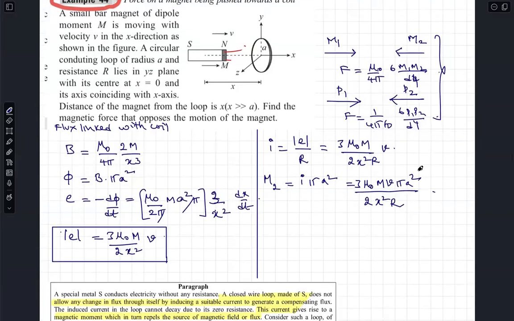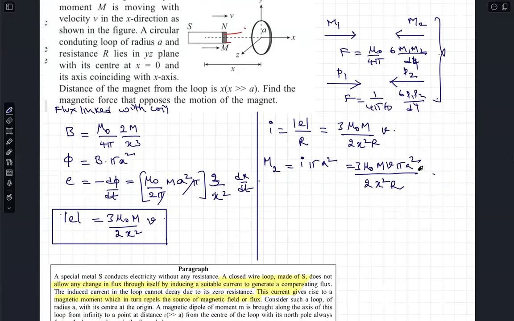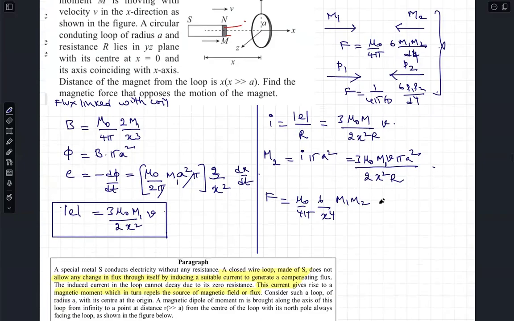So after all this, you derived m2. Finally, what is the force? Mu naught by 4 pi 6 by x power 4 m1, here it is m1, m1, m1, m2. Just substitute, you will get the answer.